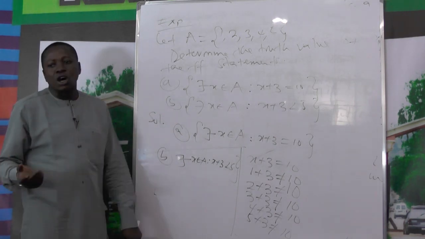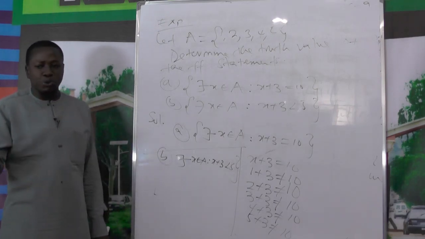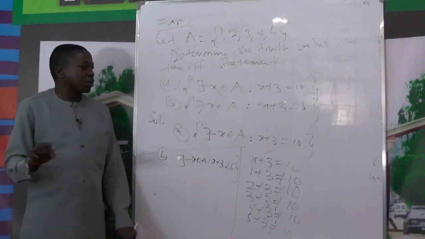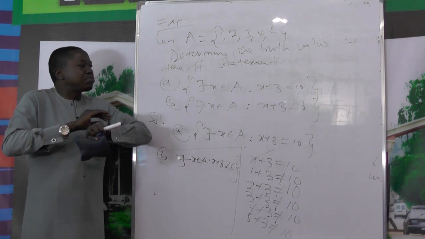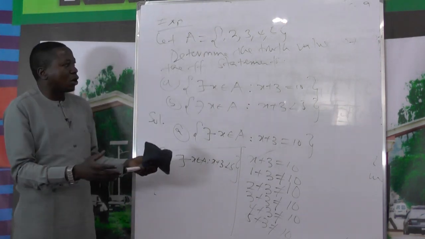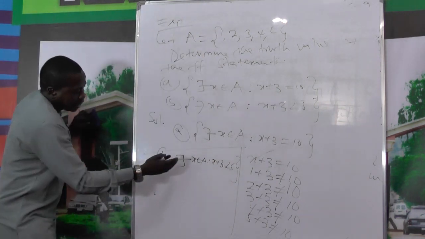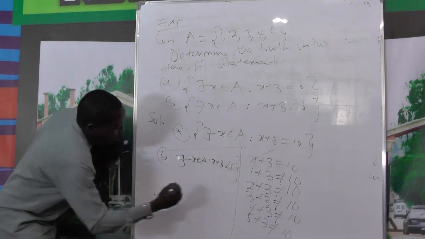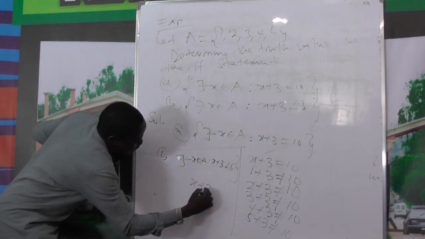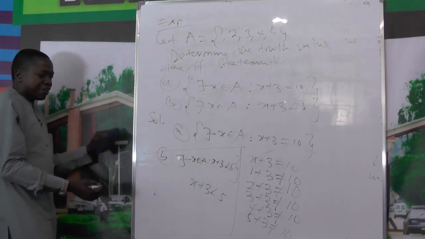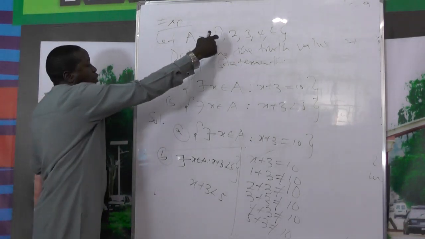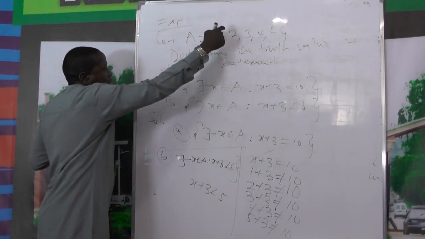Like if I say, all of you will pass except 1. That exception has made it not to be "all" again. So now, our condition here is what? x plus 3 less than 5. And we are taking our x from A. It can be 1, it can be 2, it can be 3.